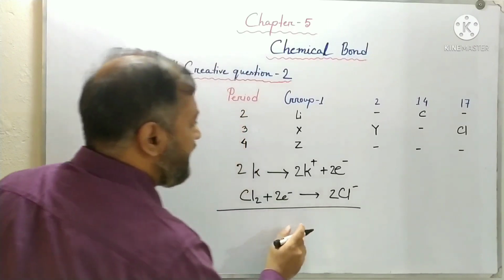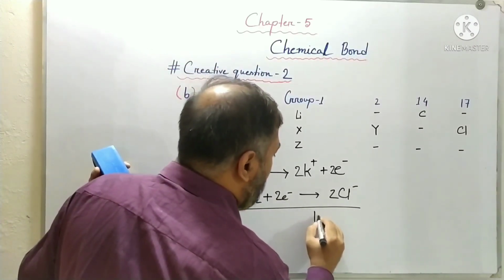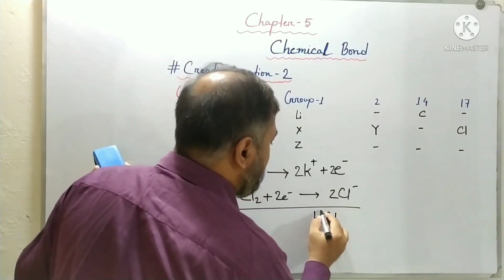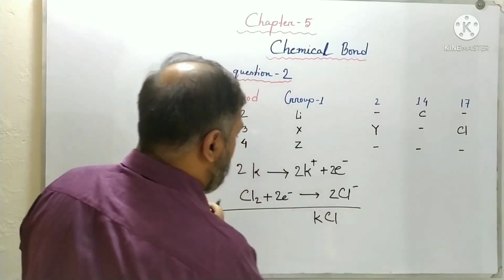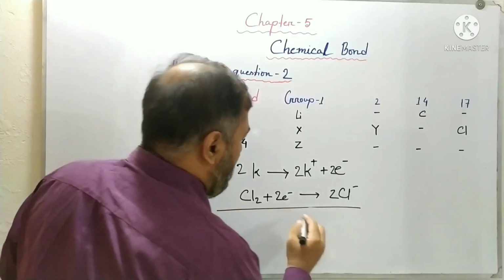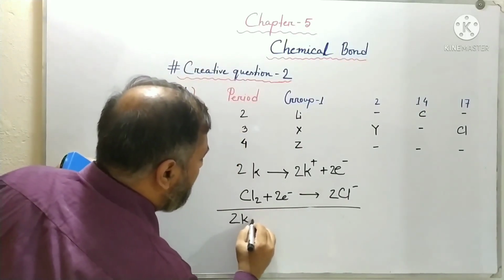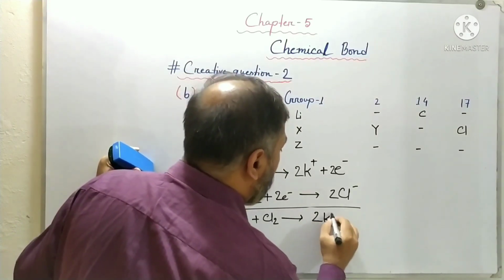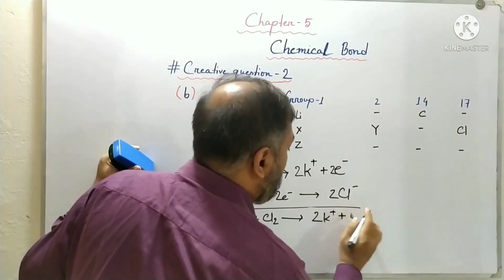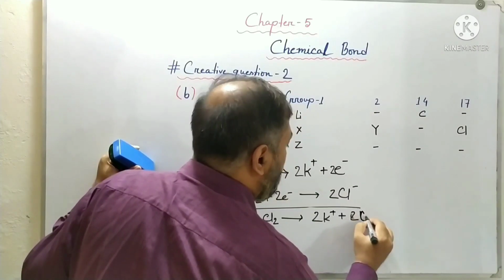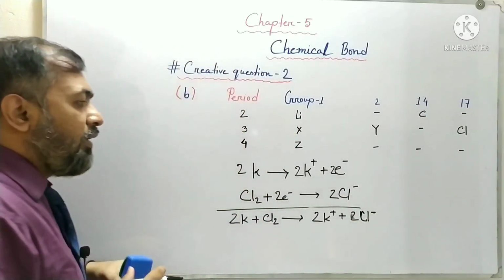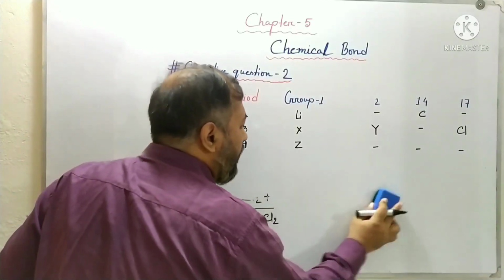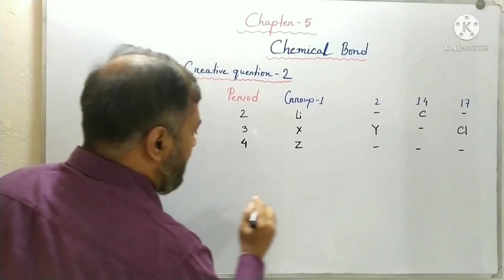So I'm going to balance that, and what will happen? We can see that potassium chloride is formed in this place. Potassium chloride: you can see 2 potassium plus chlorine formed 2 potassium ion and 2 chloride ion. So if you see the diagram, you can be more certain what will happen.